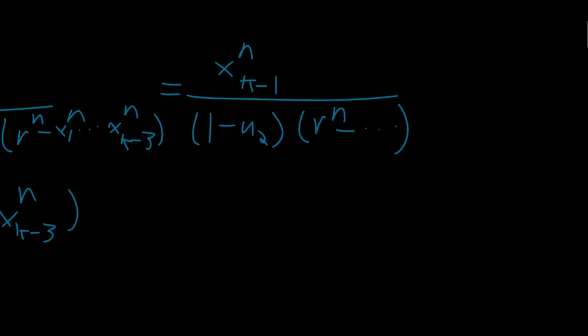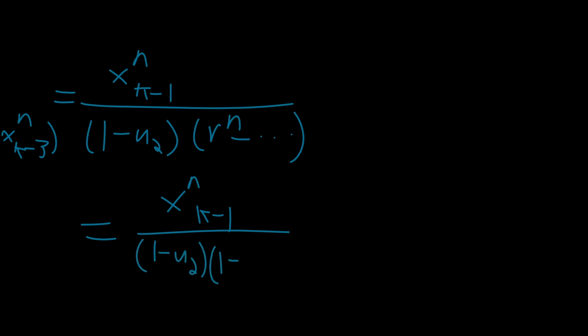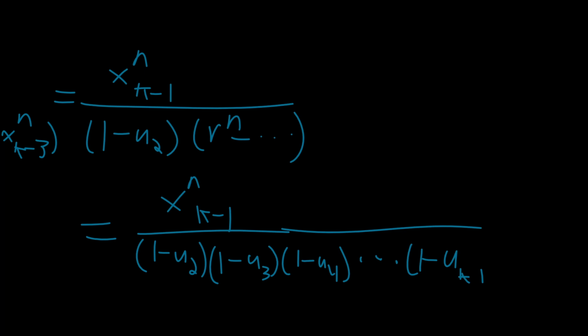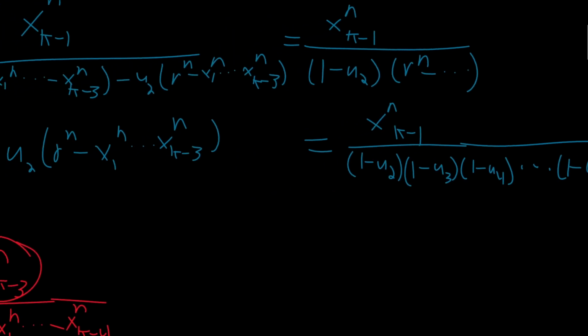So another way we can write u1 is x_{k-1}^n divided by 1 minus u2, times 1 minus u3, 1 minus u4, and this would continue up until we have 1 minus u_{k-1}. And we can express every single one of our u's as such.